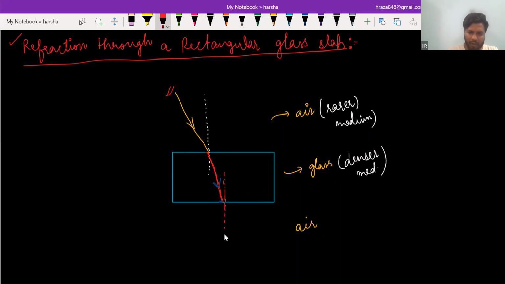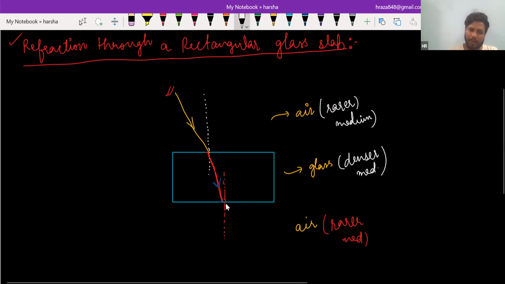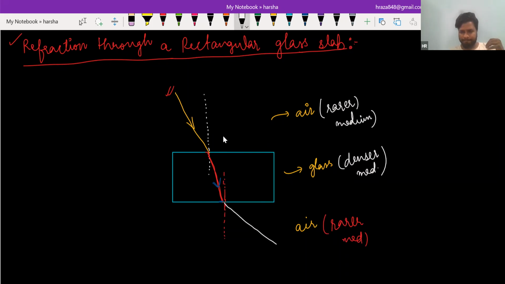When light goes from rarer to denser and then denser to rarer medium, it bends away from the normal. So this part is same as this part.